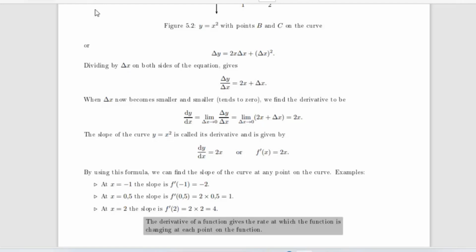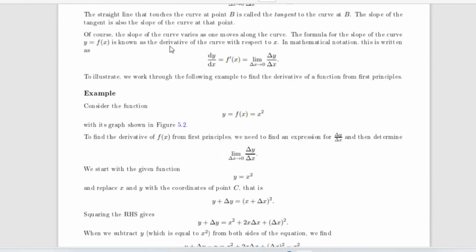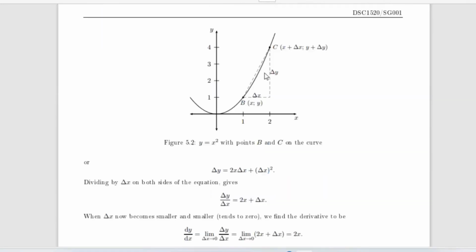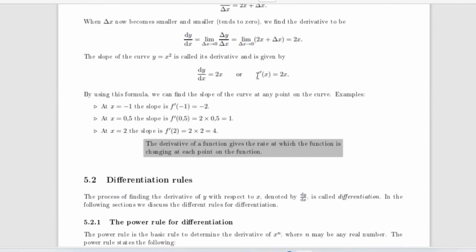Alternatively, as it has been written here, they said y equals f of x, which equals x squared. You can say dy over dx equals x squared, or f of x equals x squared. Then this f prime of x is representing the derivative of x squared.